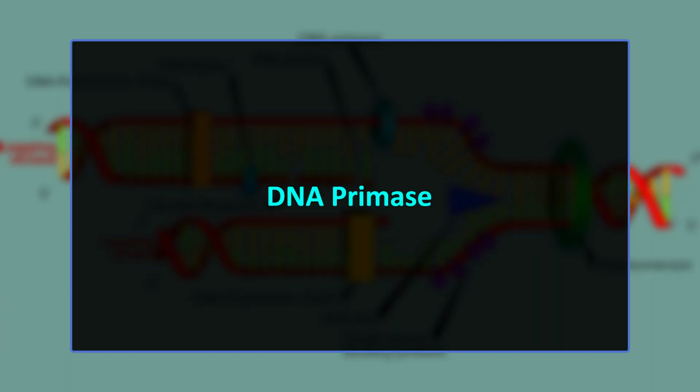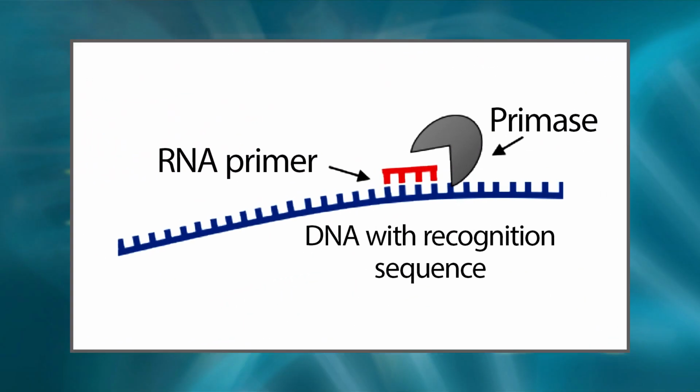Now let us discuss the DNA primase. DNA primase is an enzyme that is capable of synthesizing short stretches of RNA molecules or sequences known as primers. Primers are an integral part of DNA replication. These primers serve as the initiating site for the addition of nucleotides by DNA polymerase.